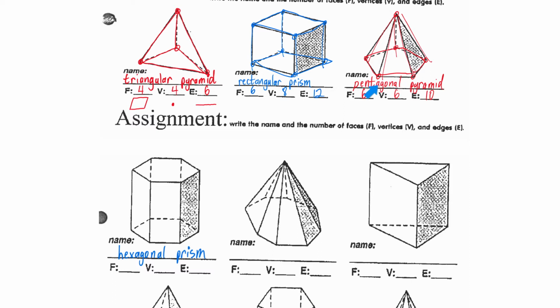On this pentagonal pyramid, it's a pentagonal pyramid because it has a pentagon for a base, but you can tell it only has one base. Here, this is a hexagonal prism, and you can tell it has 2 bases, because the hexagons are the bases, there's 2 of those. So that's one major difference: a pyramid only has 1 base, a prism has 2. And on a pyramid, you have these triangular faces. Here on a prism, you have rectangular faces.